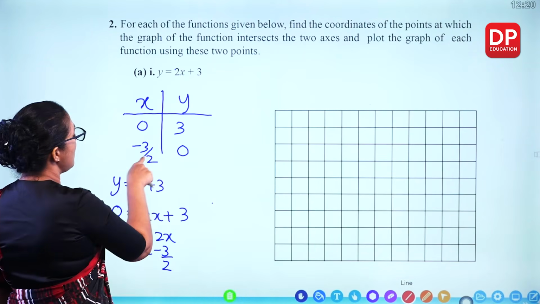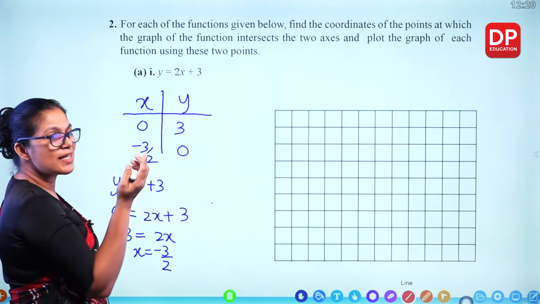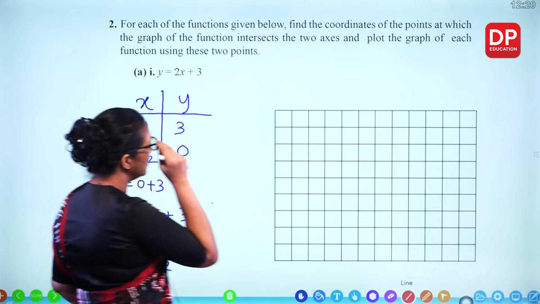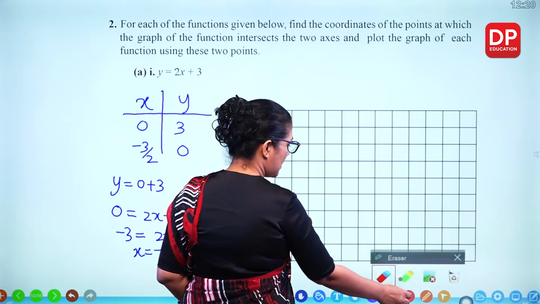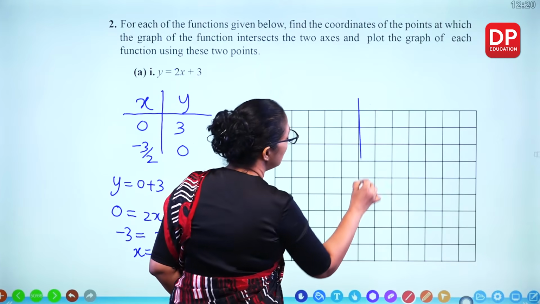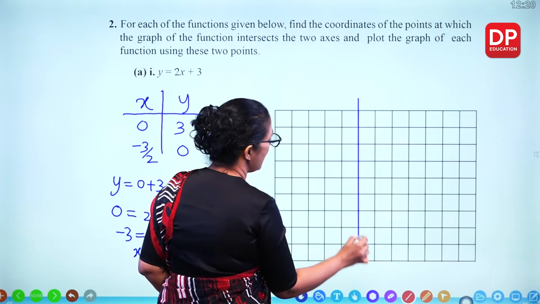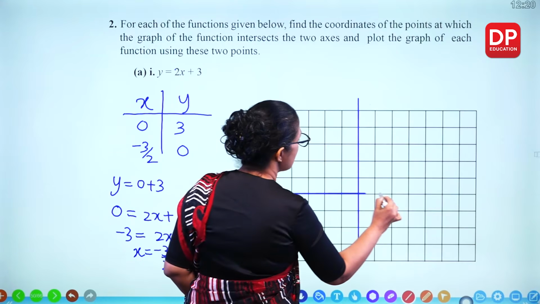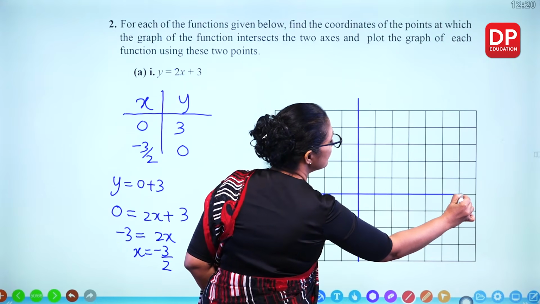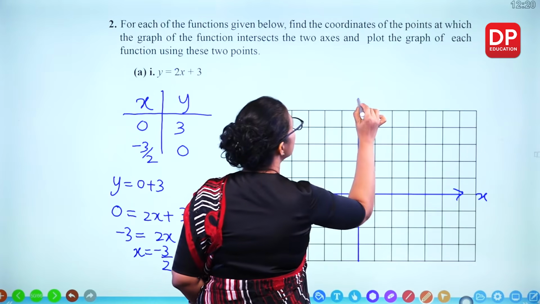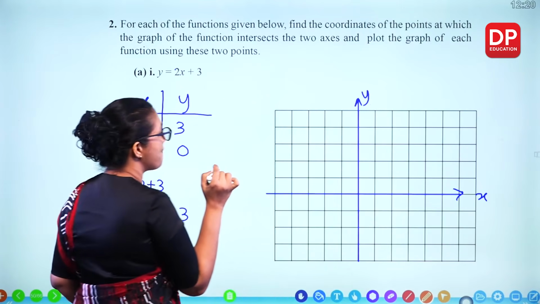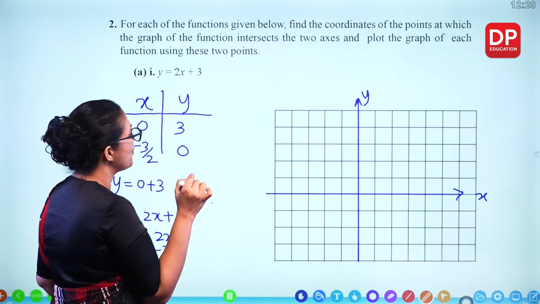This is positive, and here minus 3 over 2 means minus 1.5. So we'll take this is the y-axis and this is the x-axis. We need y up to 3.